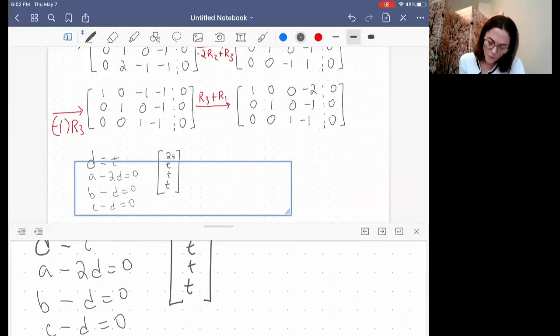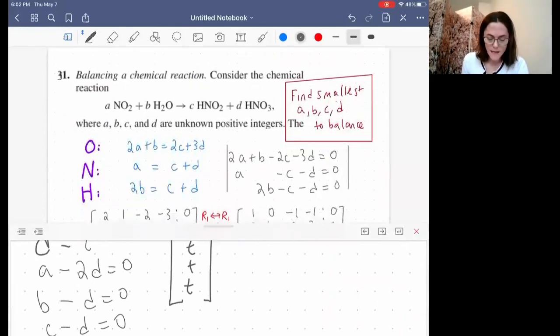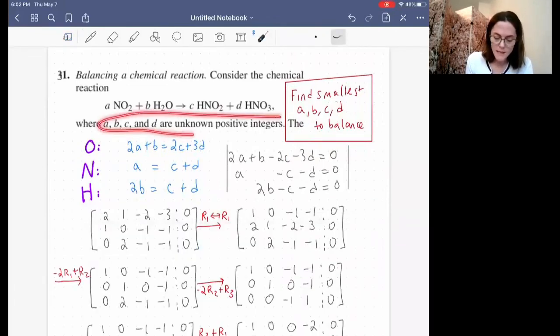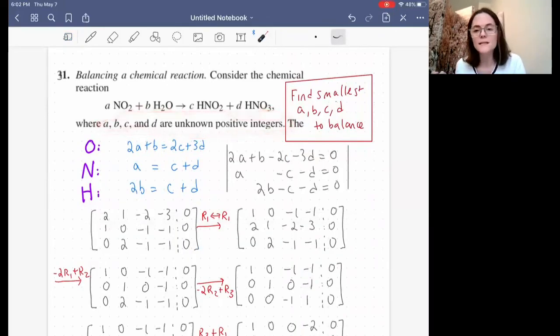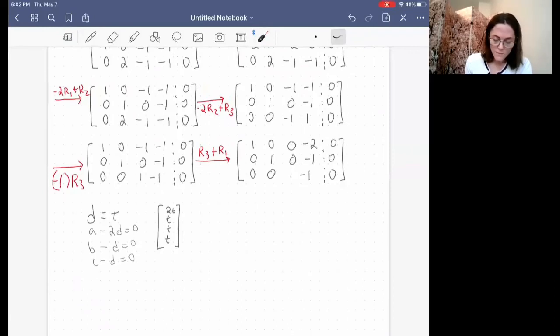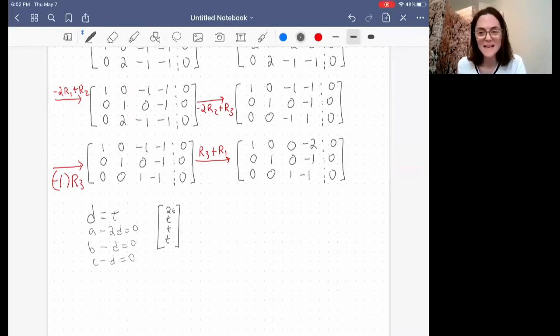But it asks us for, okay, now we have to read the question. In fact, does it even say here? Okay, good, I kept that part. Look, A, B, C, and D are unknown positive integers. And then it mentions to find the smallest such. So here, if they're all positive integers, the smallest such would be T is 1. It's the smallest positive integer.